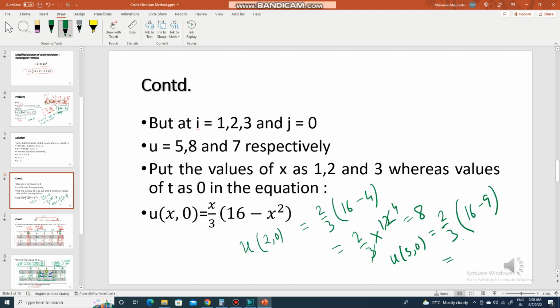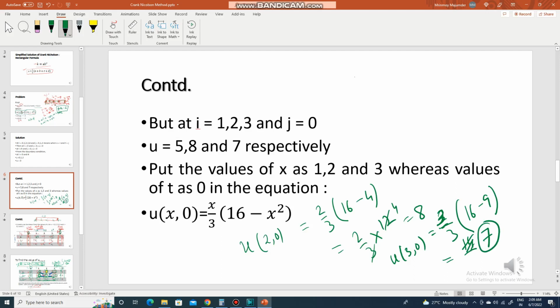Now, x is 3 here, so 3 by 3, then 16 minus 9, what is it? 7. Correct? So this will be 7.